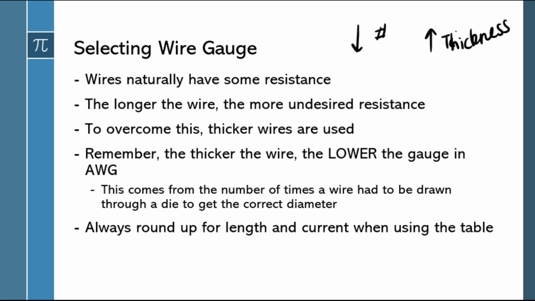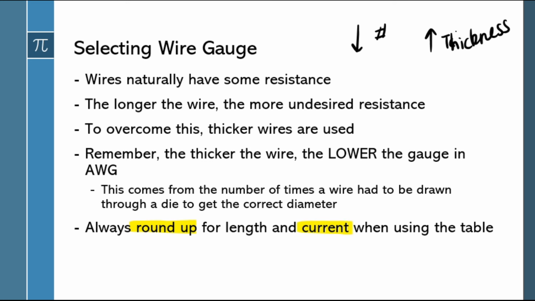The smaller you needed the wire to be, the more you had to pull it through a die, so the higher the number was. The key point for this, because we're just going to look on a table, is to round up. If the table has 15 feet and you have 14, don't choose the 12 feet on the table, choose the 15. Round up for current as well.